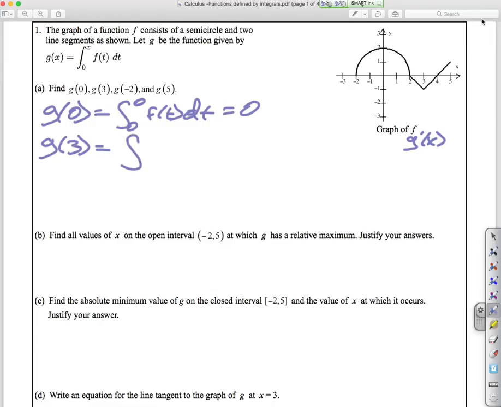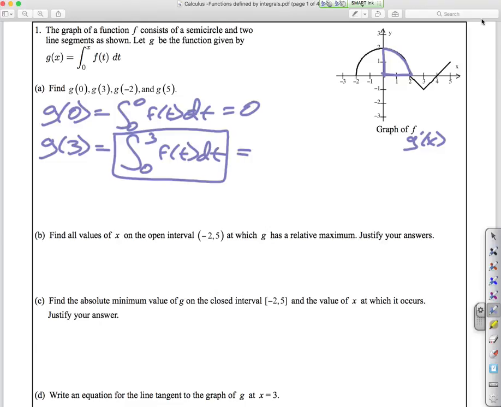So g of 3, what's that going to look like? 0 and 3, good. Alright. So again, if I have a graph, what am I going to do to figure out what that equals? Look at area. I need the area from 0 to 3. So the first part of that area is a quarter circle.